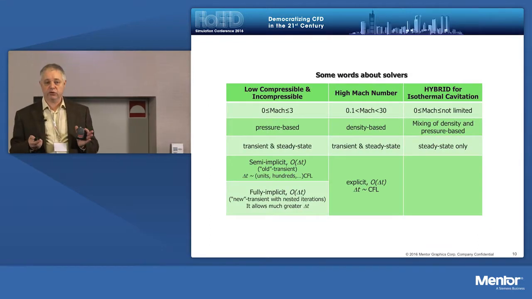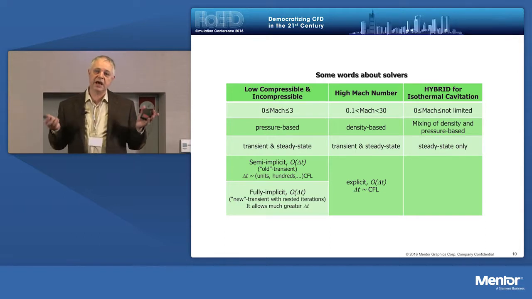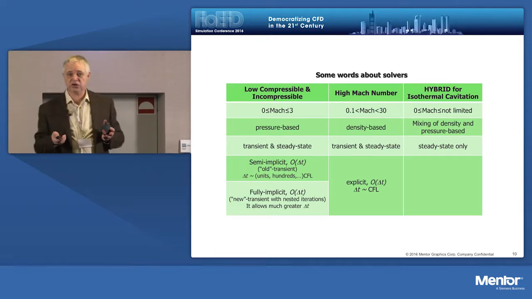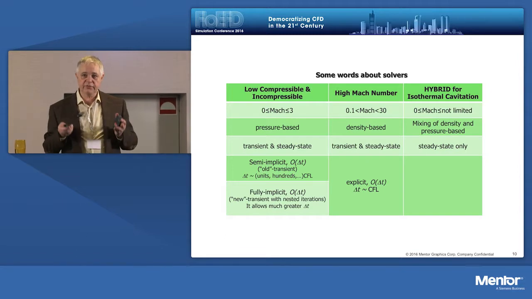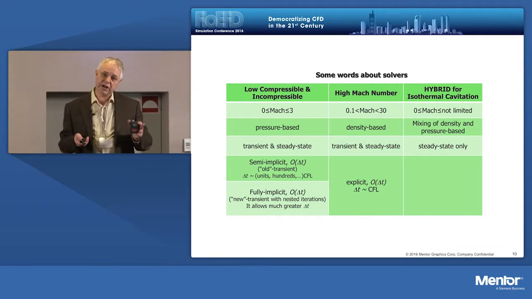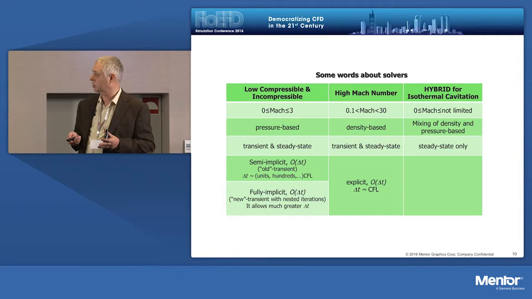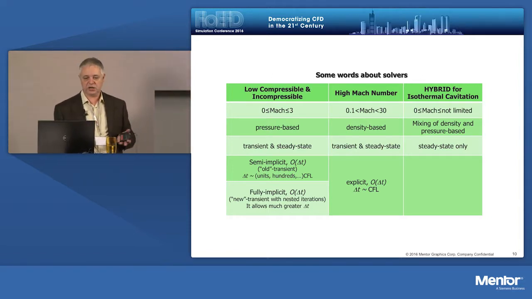We have a set of solvers. Maybe in 95% of your applications, you use our classical base fully implicit solver, which is valid for subsonic, transonic and supersonic calculations with Mach number not more than 2.5 to 3.